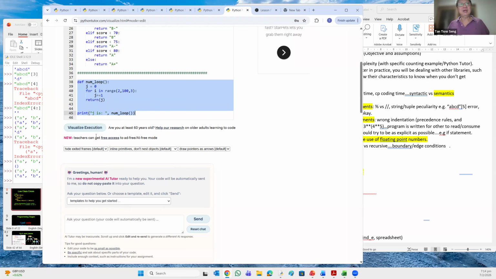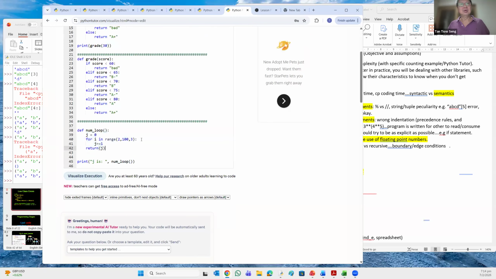So for that, you know that this is starting with 2, then add 3 becomes 5, add 3 becomes 8, until who is the last guy? The last guy has to be a number smaller than 99, but 99 modulo 3 is equal to 0.